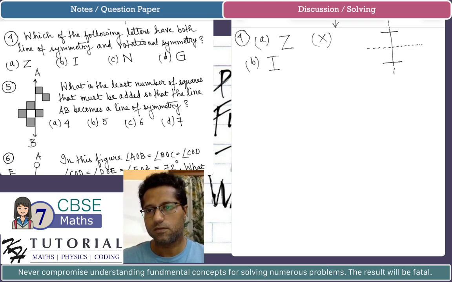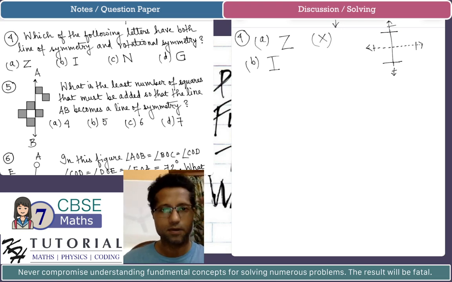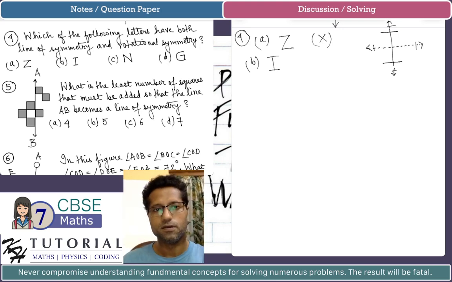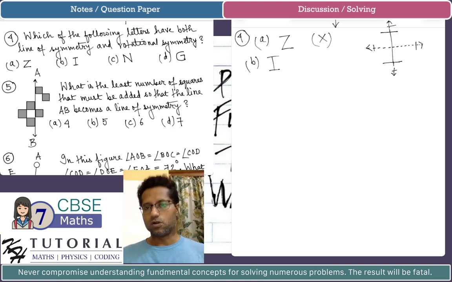These are the two lines of symmetry of the letter I. Does it have rotational symmetry? It is asking which letters have both line of symmetry and rotational symmetry. Now we have to check whether the order of rotational symmetry of the letter I is greater than or equal to 2 or not.